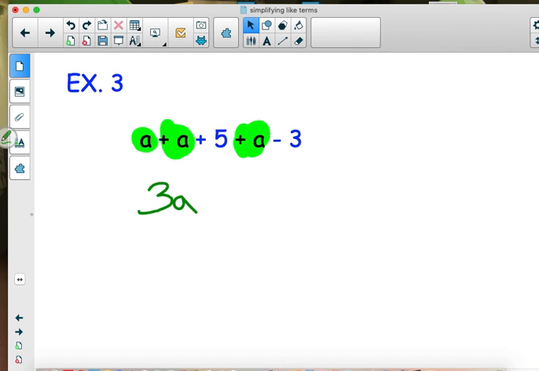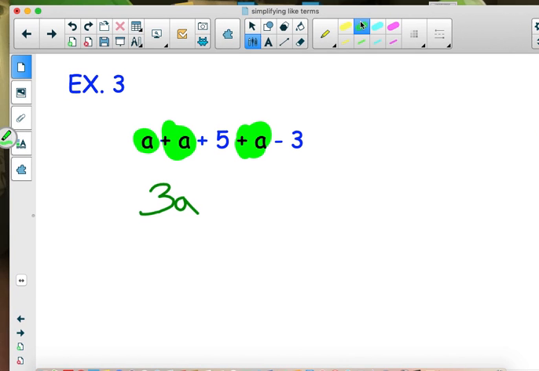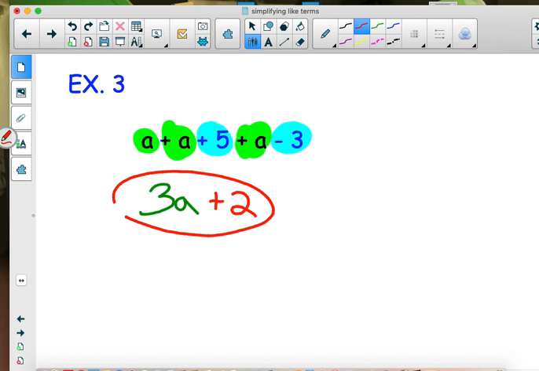And then if I wanted to identify other like terms, do we agree that 5 and -3 can be combined? And when they are combined, it equals 2. It's a positive 2, so you want to say 3A plus 2. So you went from 5 terms down to 2 when you simplify. You guys picking up on that?